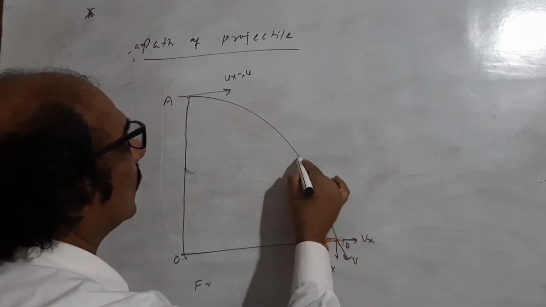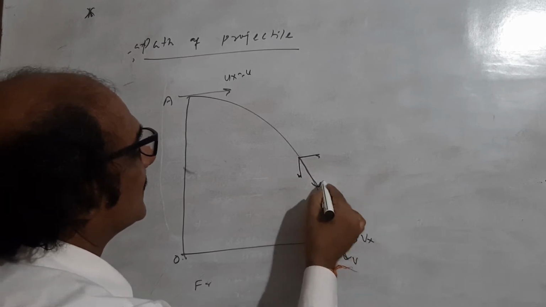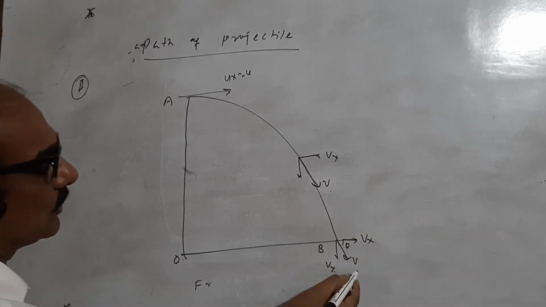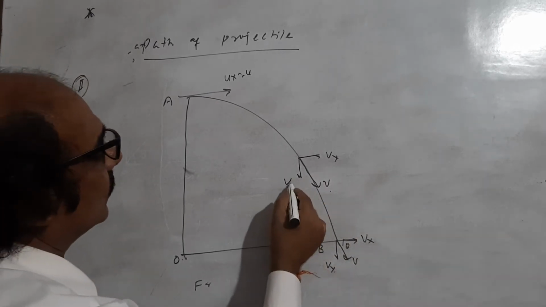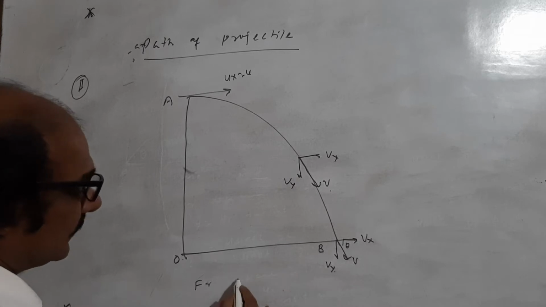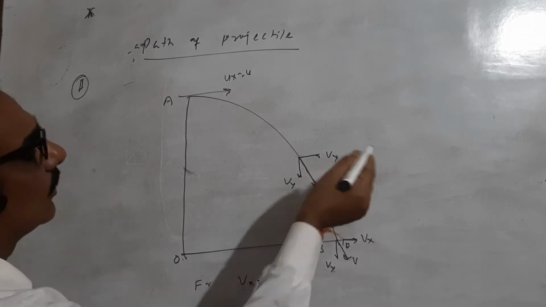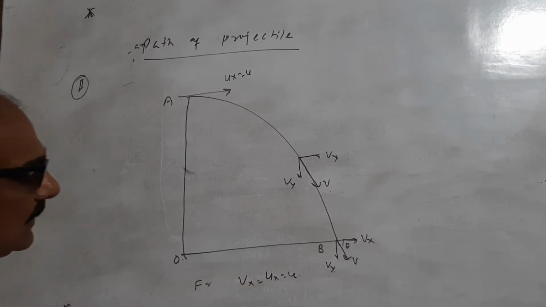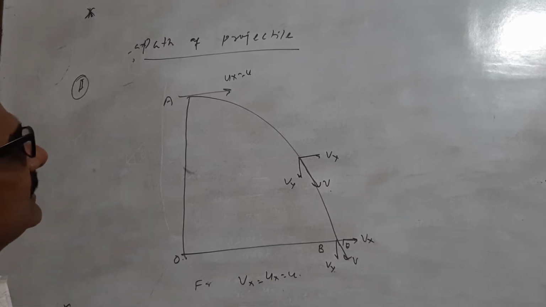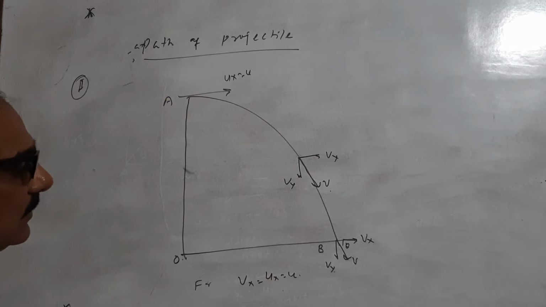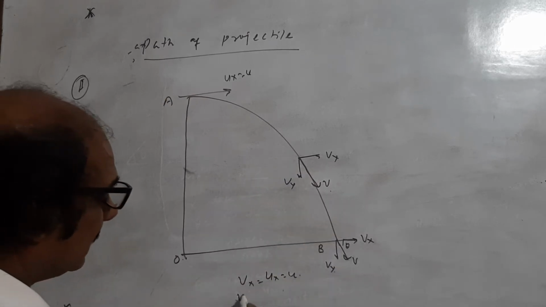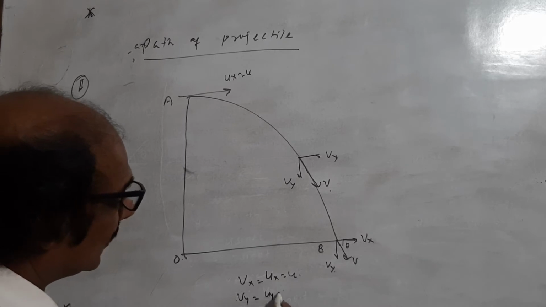It can also be drawn like that at that place. This is v, the velocity at any instant, the velocity when the projectile hits the ground. So the final velocity vx along the x-axis, vx equal to ux equal to u. There is no change in the velocity along the x-axis, but along the y-axis vy is equal to uy plus ay t.